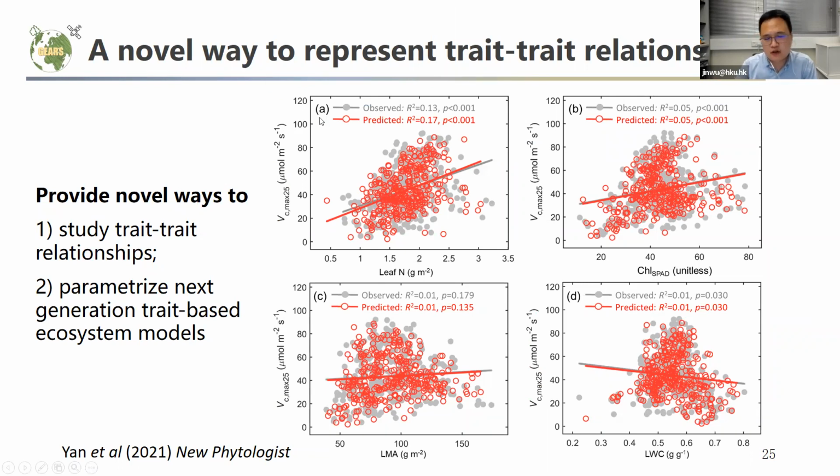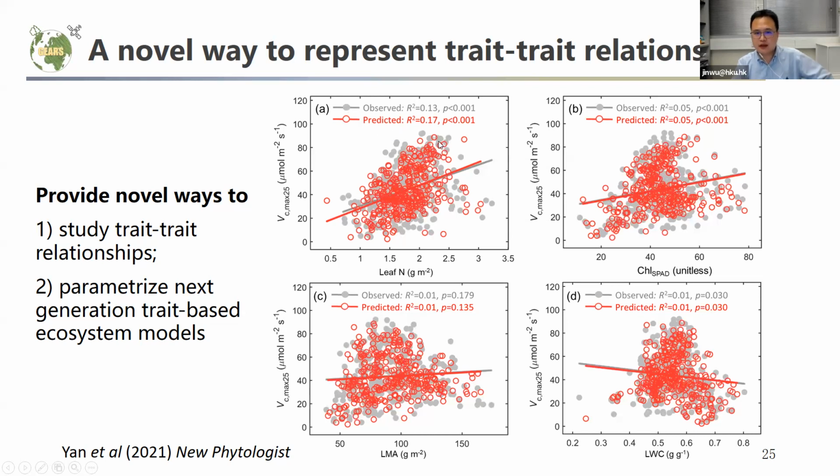For example, using panel A as an example, the x-axis indicates the leaf nitrogen content, and the y-axis is the field Vcmax25 as an indicator of the leaf physiological trait. Gray indicates the field observation. Red indicates the spectral model prediction.